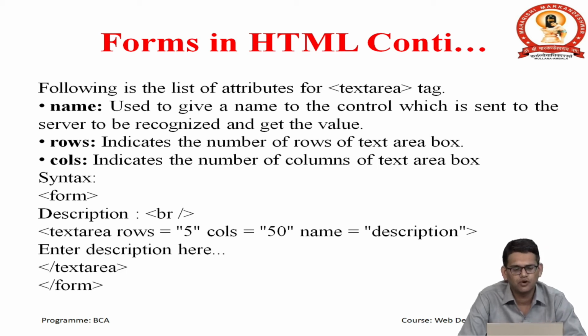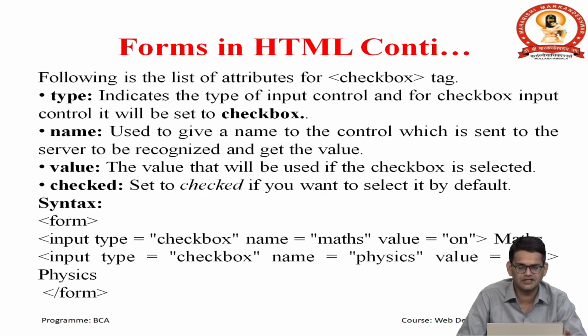We can provide it using the rows attribute. And then columns, how many columns we require, 2, 3, 4, we can specify within the cols attribute. This is the syntax for a text area: we start with the textarea tag, rows 5, cols 50, name description. In this way we can create text areas.